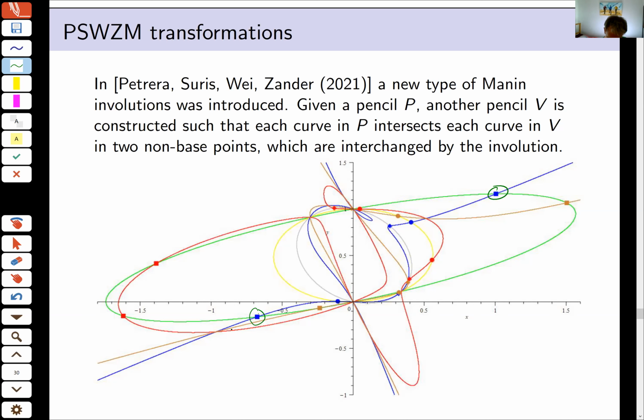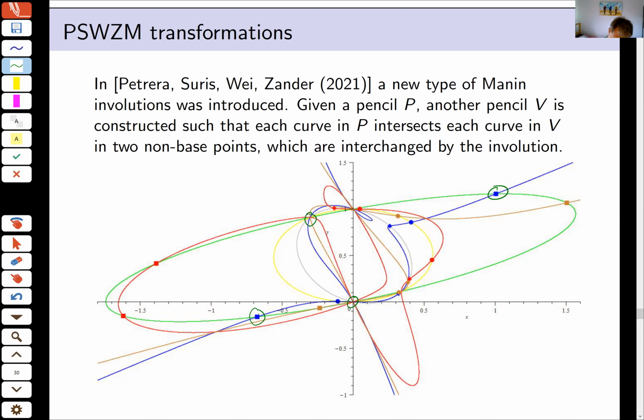There are a few more intersections, but they will be at base points of the pencil. So this is constructed in such a way that the pencil of quadratic curves has the same base points as the original pencil of quartic curves.